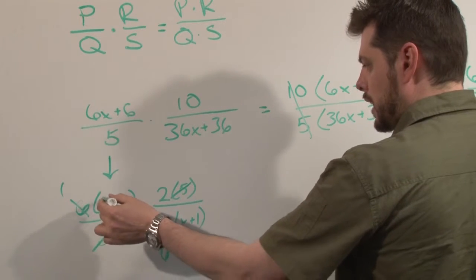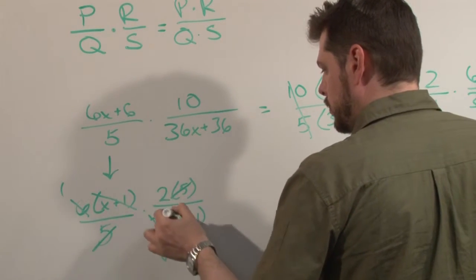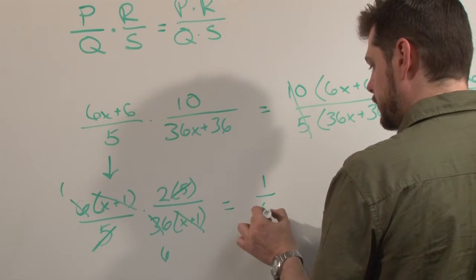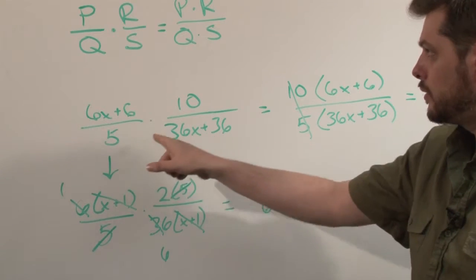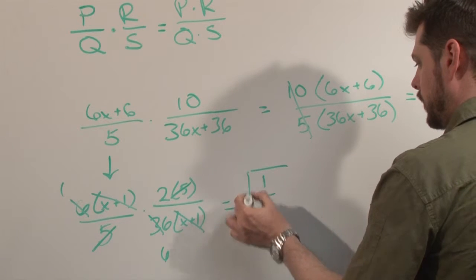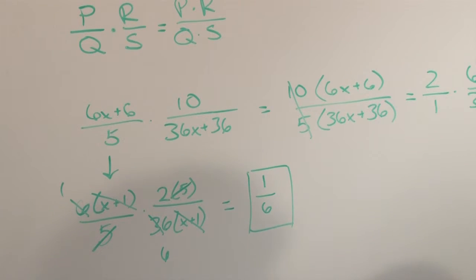And I also note that x plus 1 and x plus 1 are common factors. So those reduce to 1. And all that's left is 1 over 6. So even though I started with a very complicated product of two rational expressions, when I simplified it after I multiplied it, I got the very simple 1 over 6.